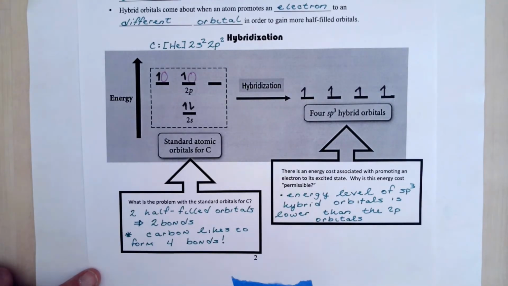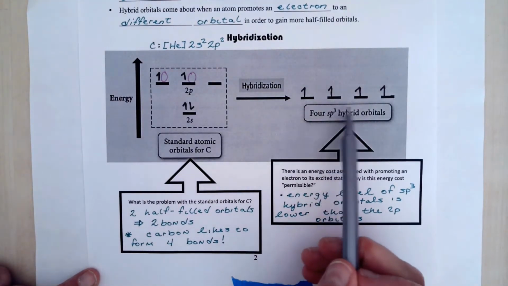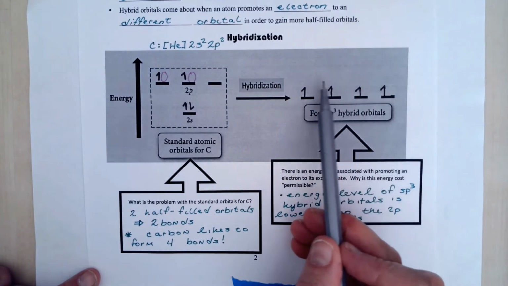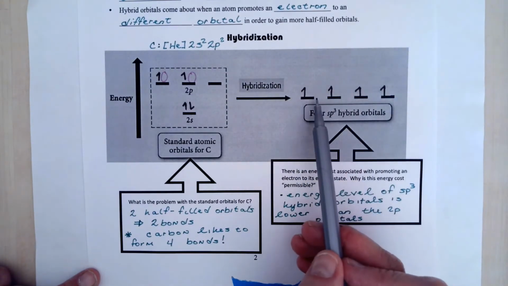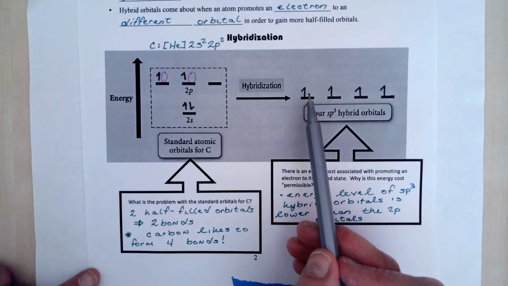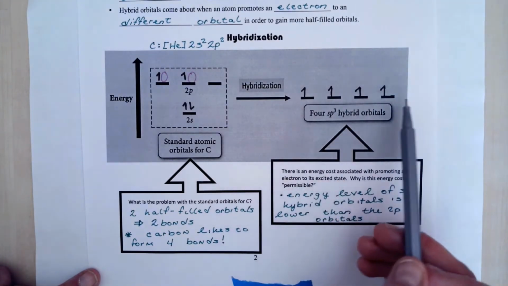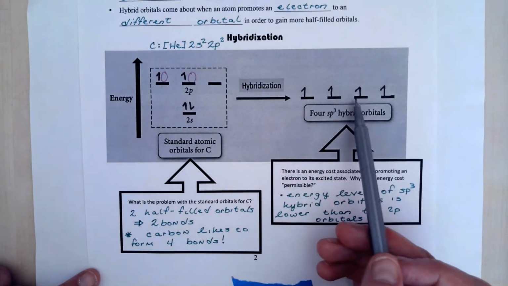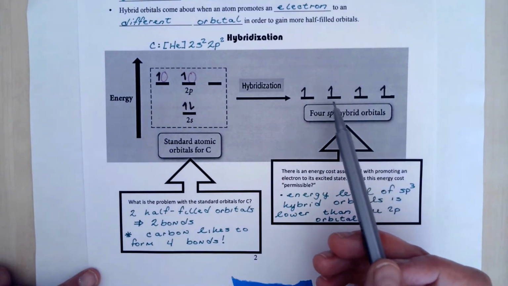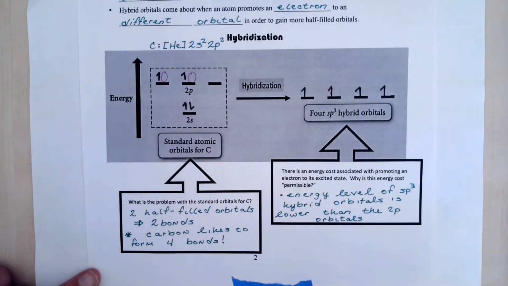The second reason why this is permissible, and we know this from studying the electron configurations, is there's stability associated with having all singly filled orbitals, all with the same spin. That minimizes the electron-electron repulsion.